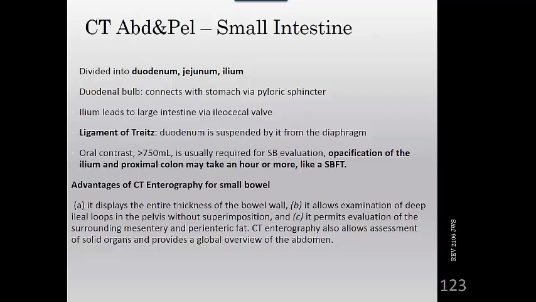It also permits evaluation of the surrounding mesentery and the perienteric fat. CT enterography also allows assessment of the solid organs and provides a global overview of the abdomen. Like I said, we'll go into more detail about that later in this course, but just know that it's another study that we do for the small bowel in CT.